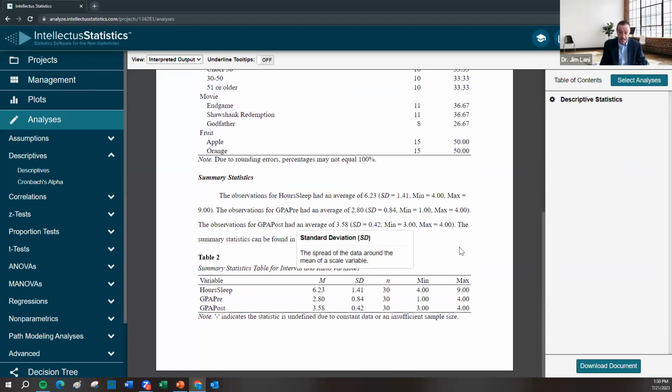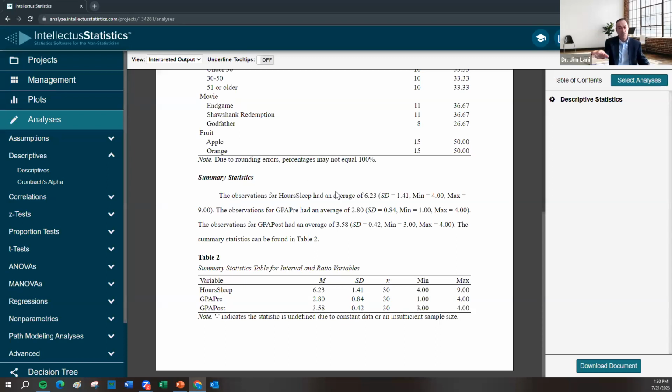Ditto for the scale variables. Interval and ratio, we call them scale. Means and standard deviations sitting here in an APA table, and then a draft of that. So now I'm being directed to ask, are there questions about descriptive statistics?